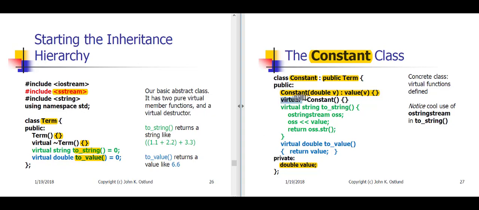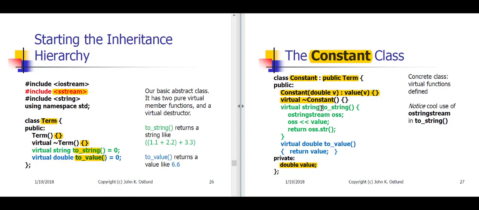The destructor is virtual, and the destructor does nothing. Now, since we've declared the base class destructor to be virtual, it's actually optional to declare this derived class destructor as virtual, but it's fine. And since we're not allocating or deallocating any memory here, it's not necessary for this destructor to actually do anything.